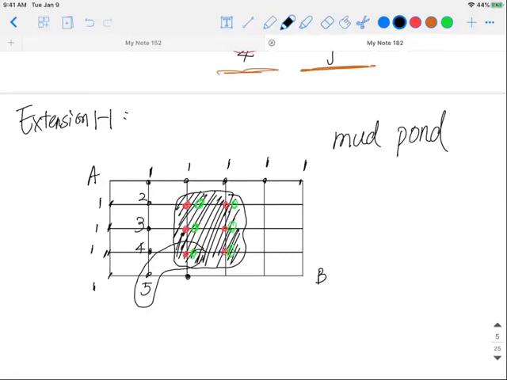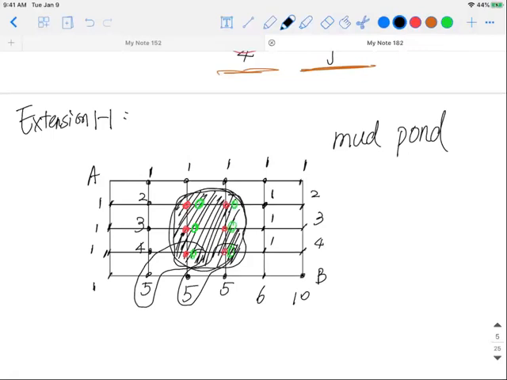For now, I'm going to do the same thing. 5 plus 0 gives me a 5. 5 plus 0 gives me a 5. Here, this is going to be 1, 1, 1, 6. 2, 3, 4, 10.